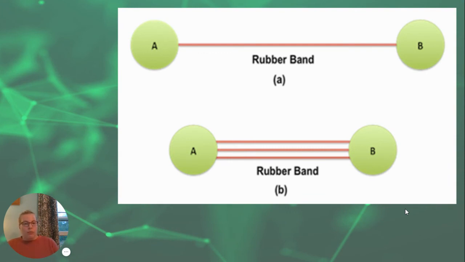But if I have three rubber bands, like I would in, let's say, a triple bond, my amount of flex and stretch is not as good. And what ends up happening is the more pairs of electrons that are shared between two of the atoms in a bond, the tighter your atoms get pulled together. Because if you think about electrons kind of being evenly distributed around your atom, if I need to share more pairs of electrons, I've got to get in closer to make that happen.